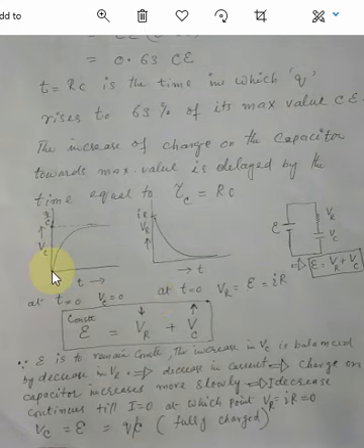So here you can see that initially it is somewhat linear. The increase in the voltage across the capacitor is linear with time to some extent, but then this increase is no longer linear, but it slows down.